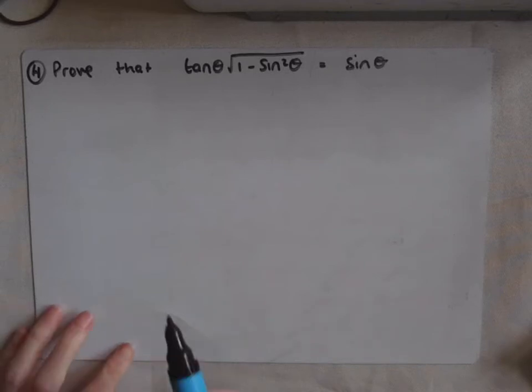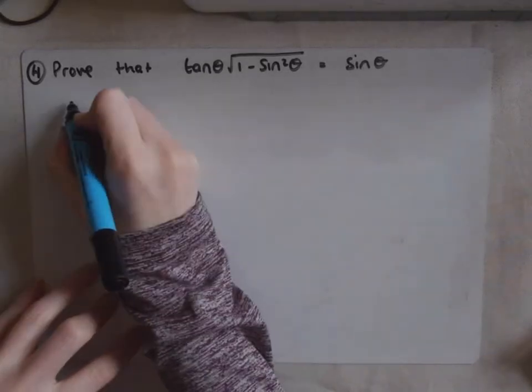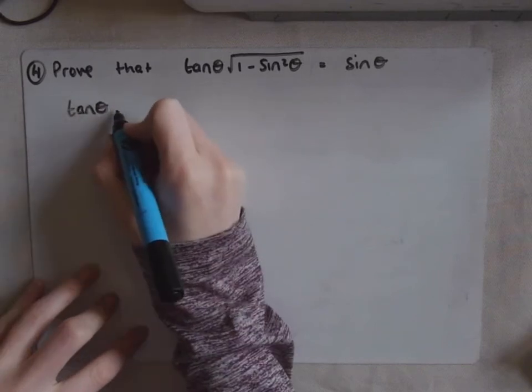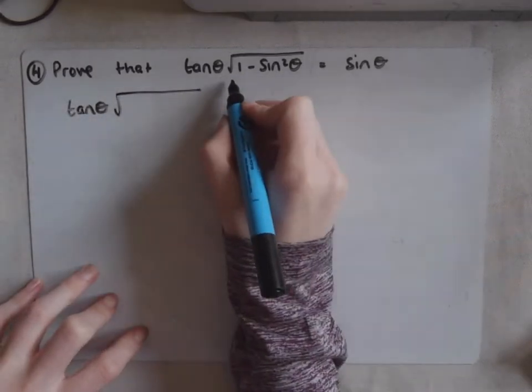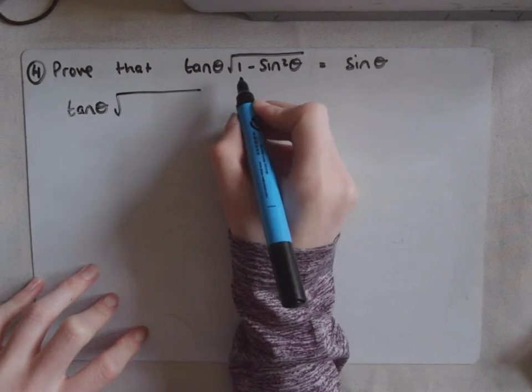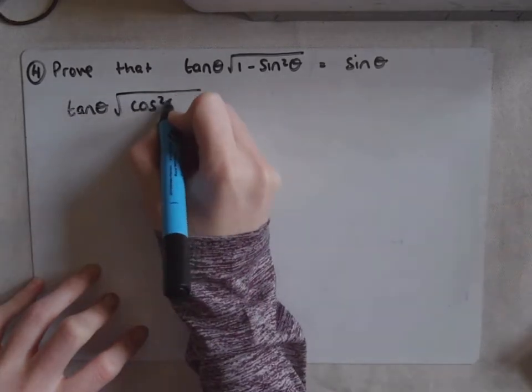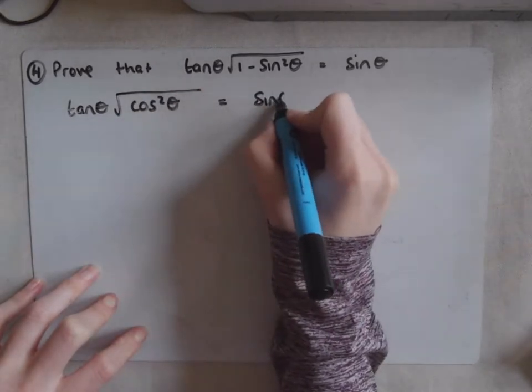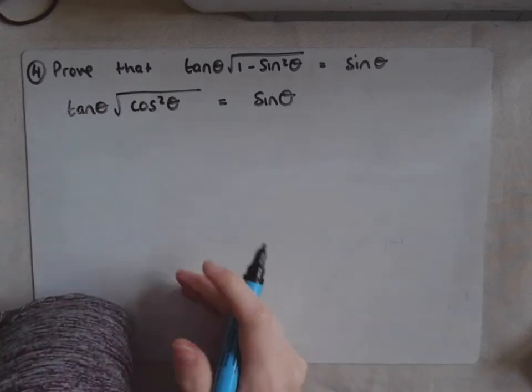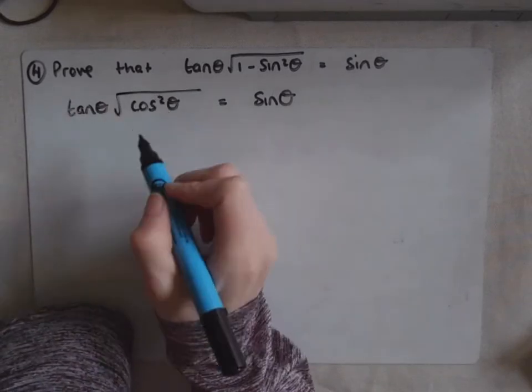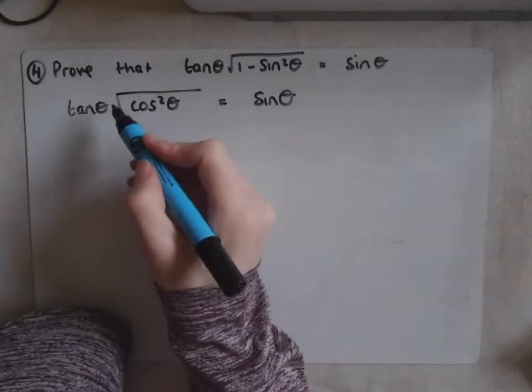Excellent, perfect. So tan of theta by the square root, instead of 1 minus sine squared theta, we know that's cos squared theta. Now, the square root of a square, they cancel.